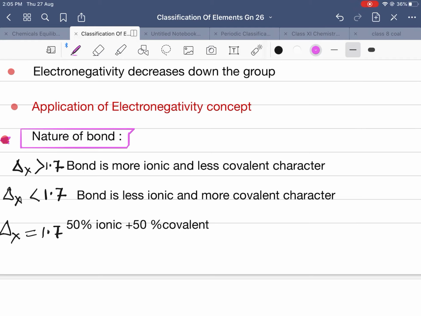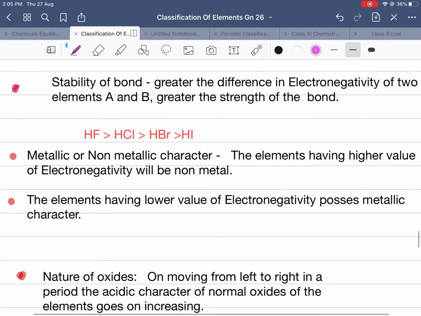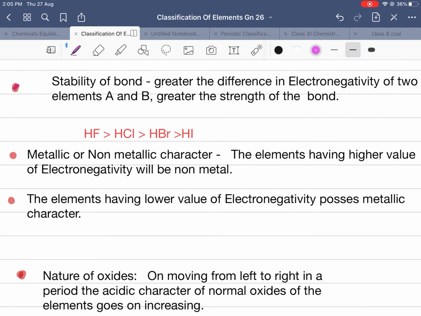And if it is equal to 1.7, the bond may be 50% ionic and 50% covalent. It also shows the stability of the bond. The greater the difference in electronegativity of two elements, say A and B, the greater the strength of the bond. For example, the bond of hydrogen fluoride is greater than that of hydrogen chloride, which is greater than HBr.